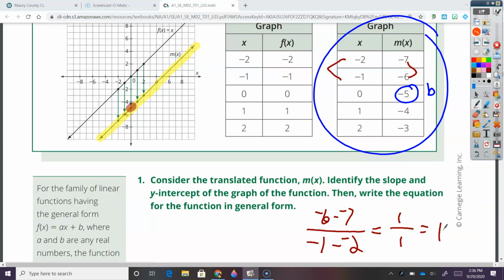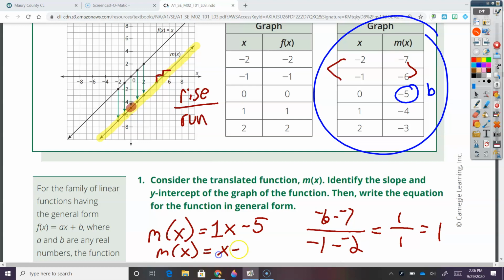If I look at my graph, I would see that my rise over my run is going up by 1 and over 1 each time. So it still gives me 1. So my equation for number 1, the function m(x), is 1x minus 5. Or I could simply write x minus 5. 1 is understood in front of your x.